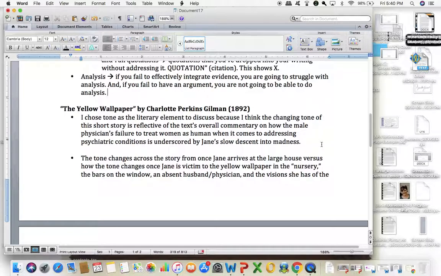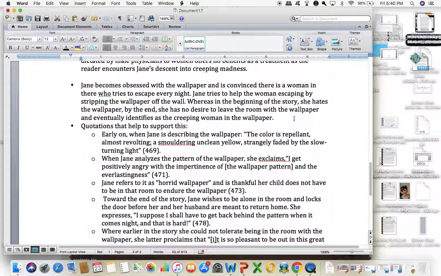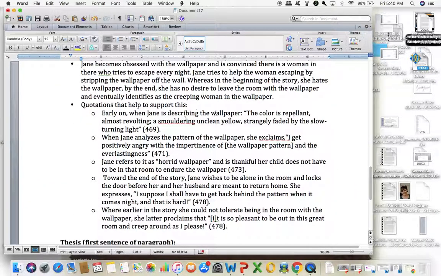So what I did is I first decided, what did I want to talk about? So I decided I wanted to talk about tone in The Yellow Wallpaper. And these bullet points here are me doing a form of free writing, so it was basically why I chose this tone, and then I gave some examples, and then I chose some explicit quotations that I thought would support this.